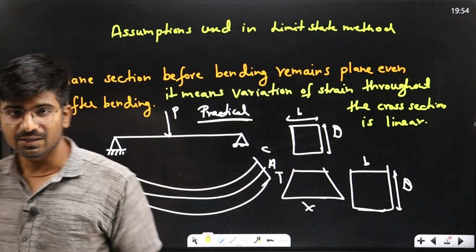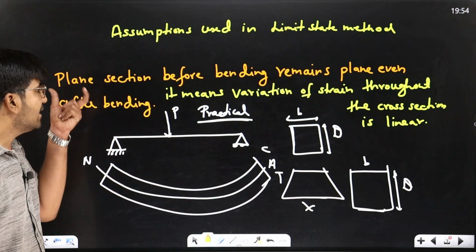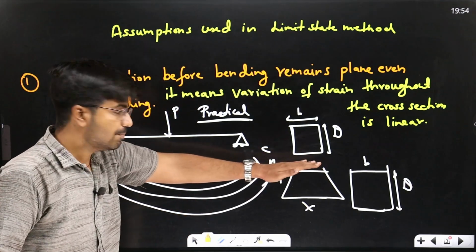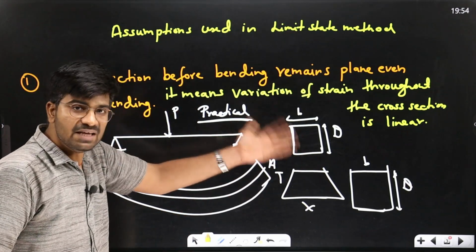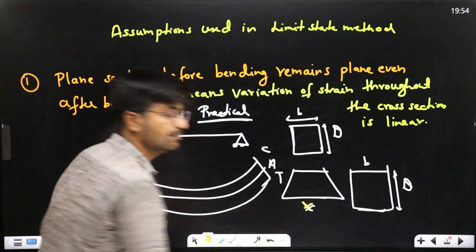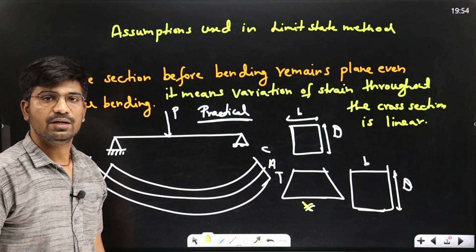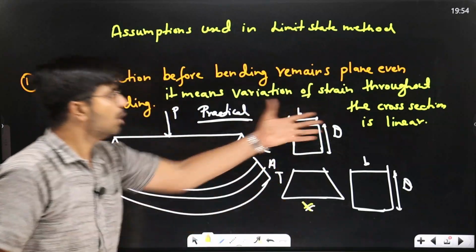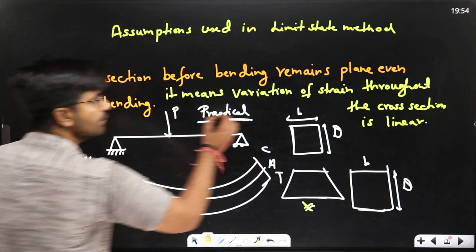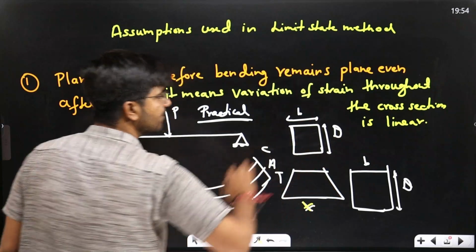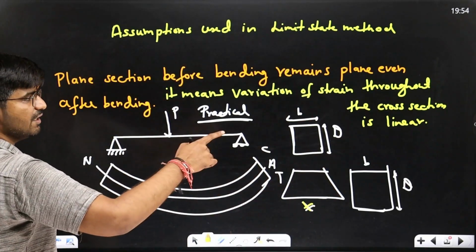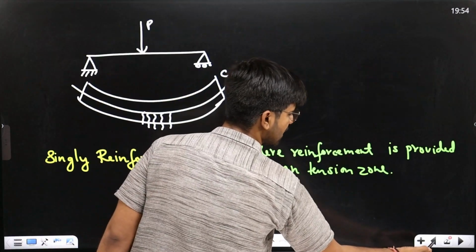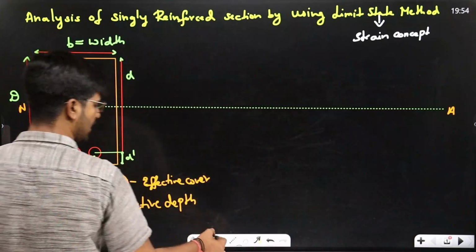How can we say that? By saying that a plane section before bending remains plane even after bending. So now we can say that the variation of strain throughout the cross section is linear. I will show it here.